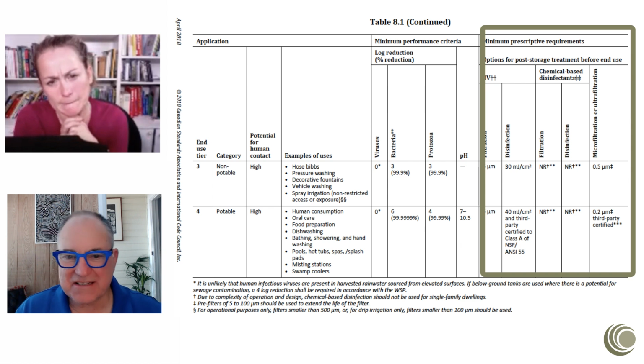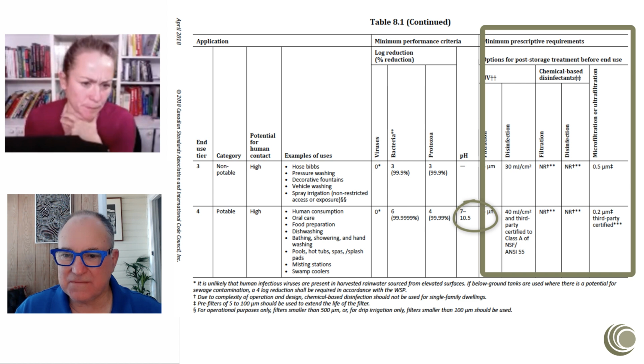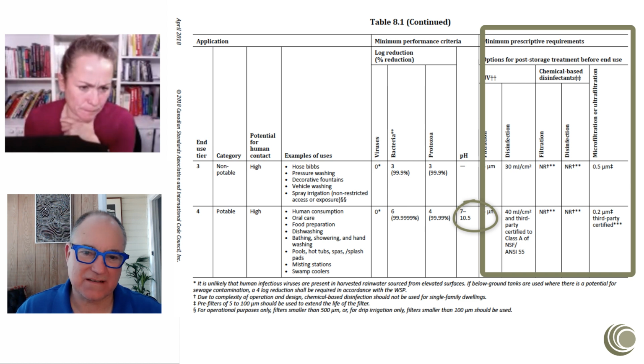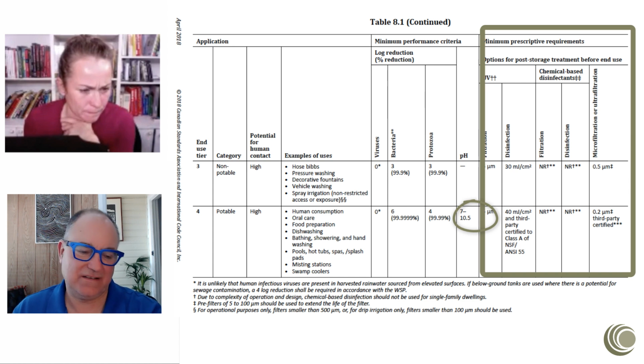We should actually examine a few things here. They've got pH in this table, and it seems like there's a misunderstanding of pH, because the natural pH of rainwater is 5.5, but that slightly acidic water is not the same as if there's a chemical or contamination in water.